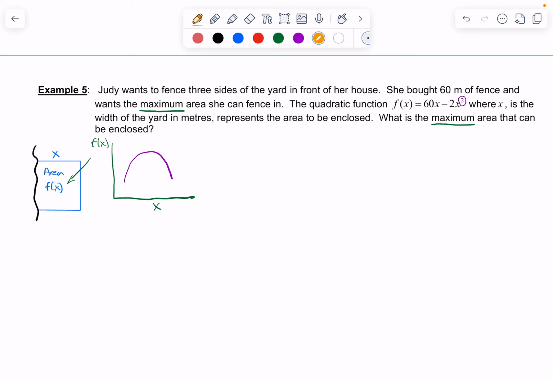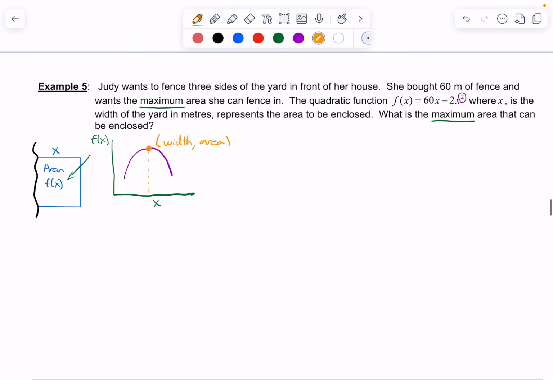So your survival guy needs to kick in here and be like, oh, the max in terms of quadratics is me saying find the vertex. And what this means in the context of this problem is that the vertex will have a coordinate where the x value will be the width, and the y value will be the area, because f of x is measuring the area, and the x-axis is measuring the width.